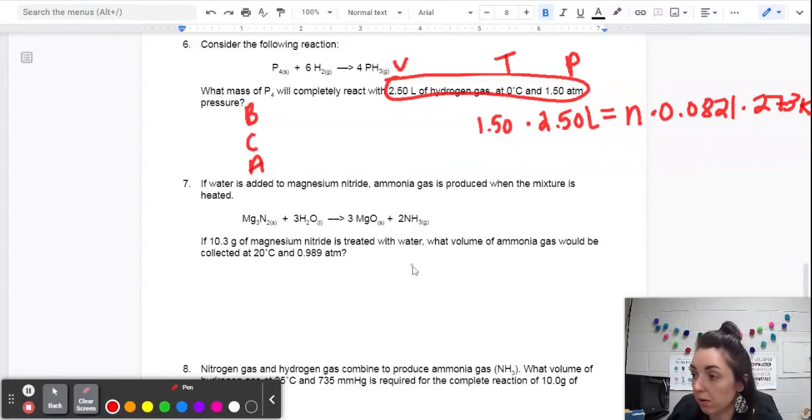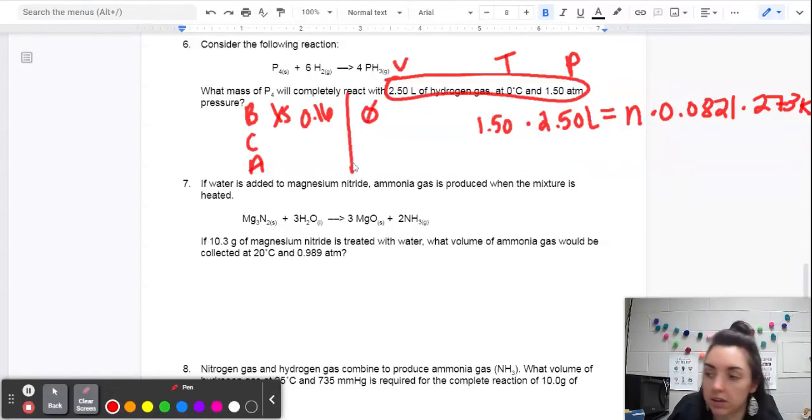And then I'm going to throw that in my calculator. And I get for H2 0.16 moles. Now I'm going to let you figure out the rest because BCA tables are a different learning target.